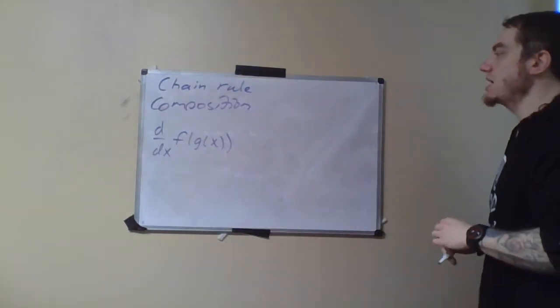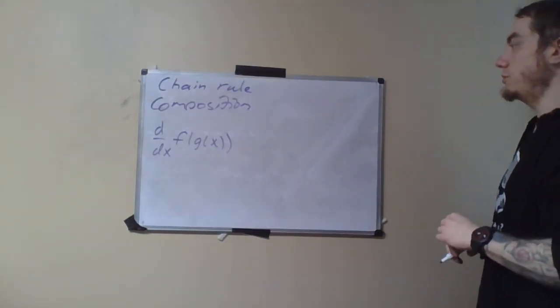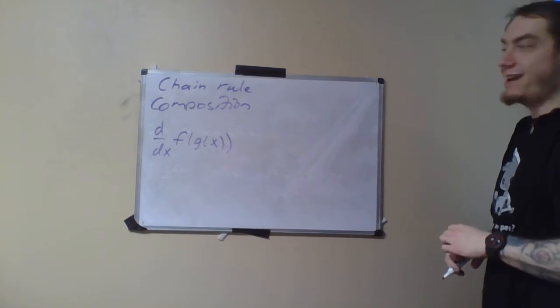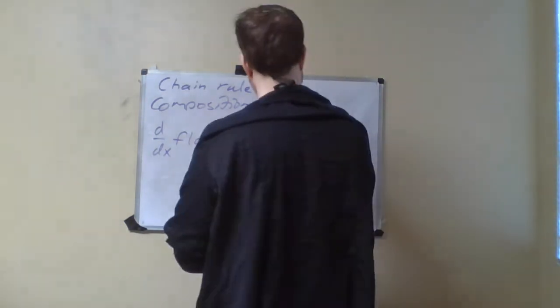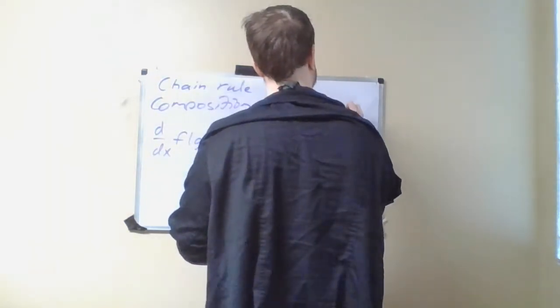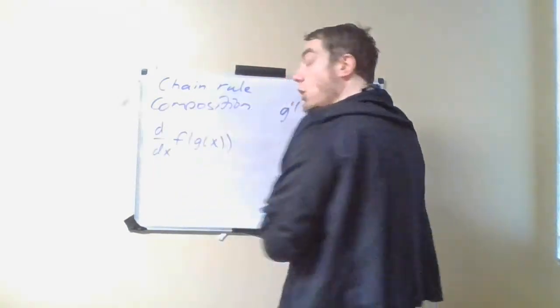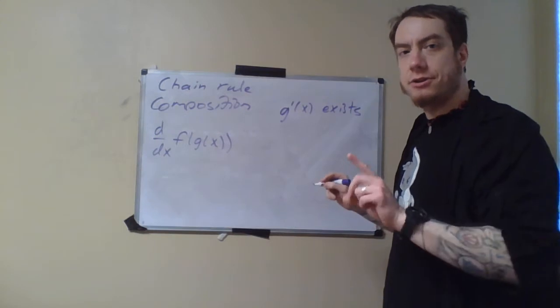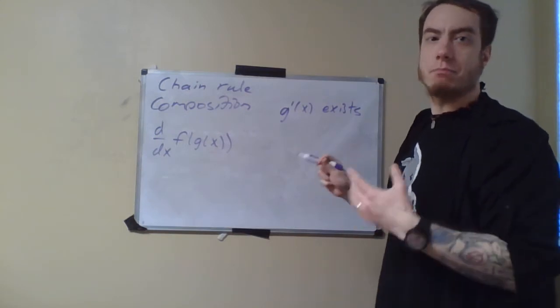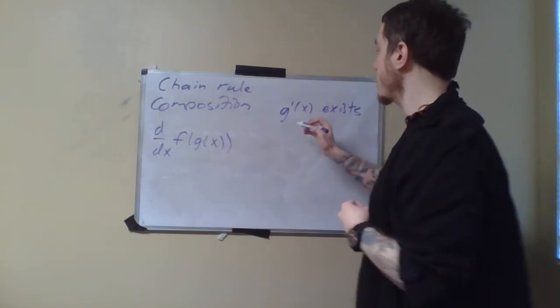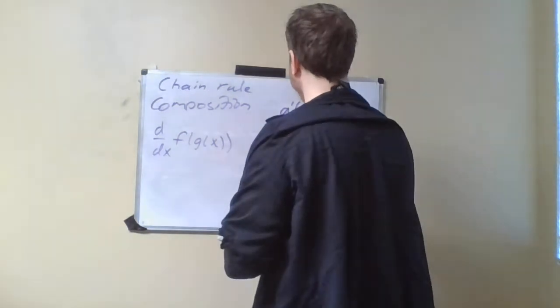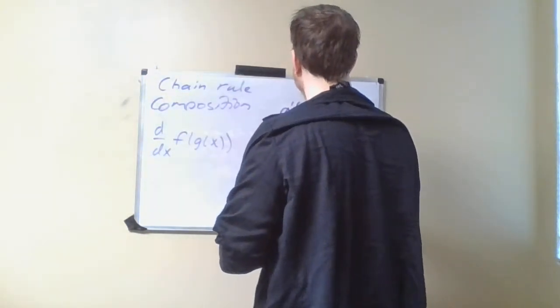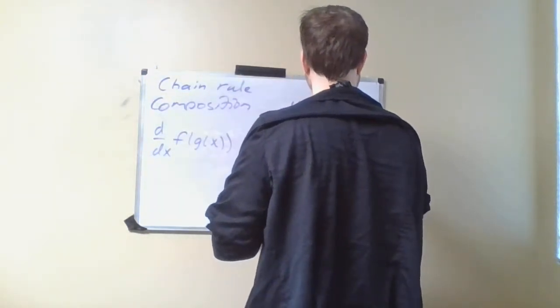And supposing here that g is differentiable at x, and we don't want to say that f is differentiable at x. That's not the relevant point here. The relevant point that we're going to want to look at is f prime at g of x exists.